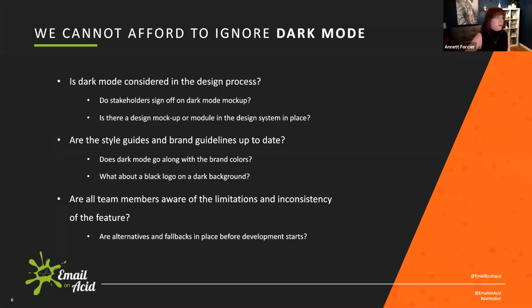And then, are the team members aware of email limitations or the inconsistencies between the email clients? So when we design an email markup, then we're just looking at one of the possibilities, which is not consistent with what happens in the end product.